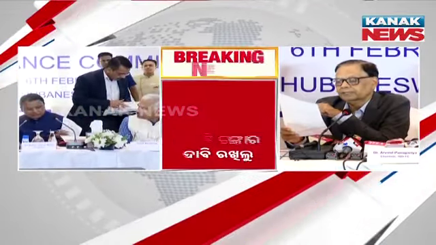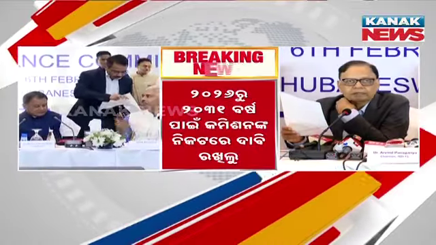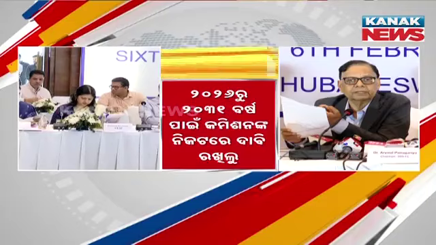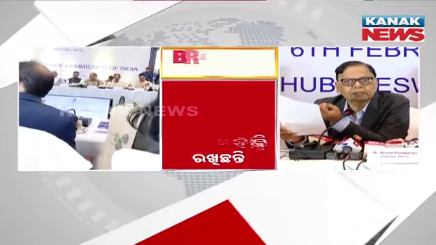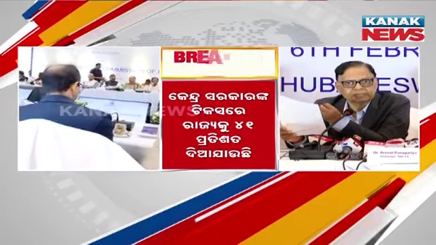Then forest and ecology had a weight of 10% in the 15th Finance Commission. The next criterion is used to do what is called equalization. The philosophy is that every state should be able to provide at least a minimum level of public services to its citizens.